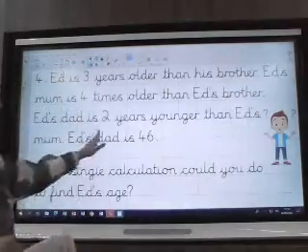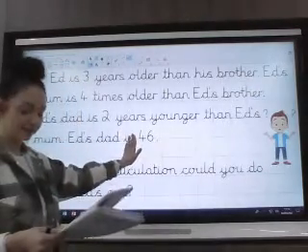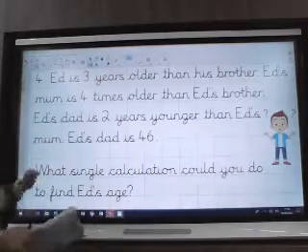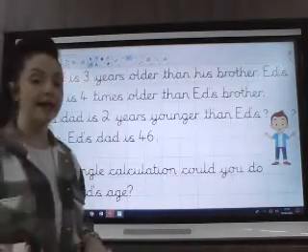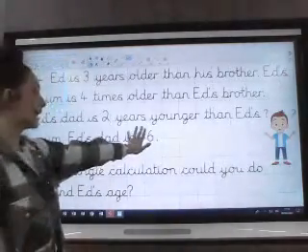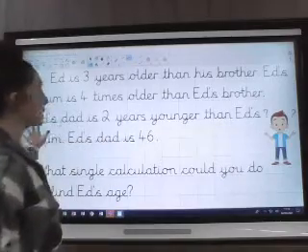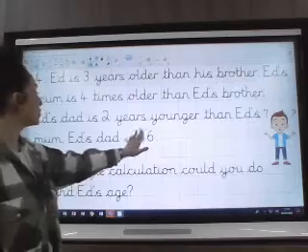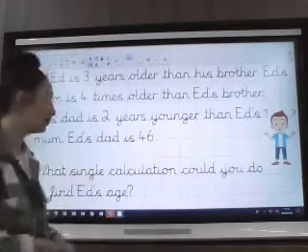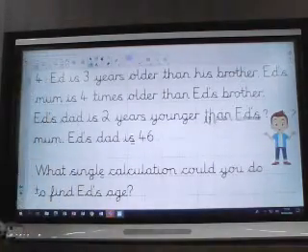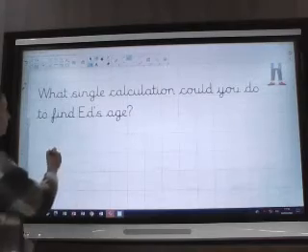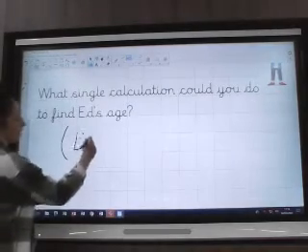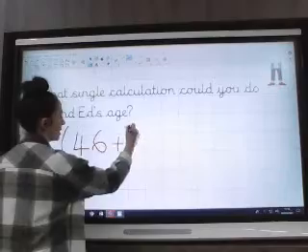Okay, so let's start with Ed's dad. Okay, so we're going to have to work backwards. So to work out Ed's age, you start with Ed's dad, you'd work out how old his mum is. So Ed's dad is 2 years younger than Ed's mum. So you do 46 add 2 first. That's your first calculation. So we're going to pop that in brackets. 46 add 2.